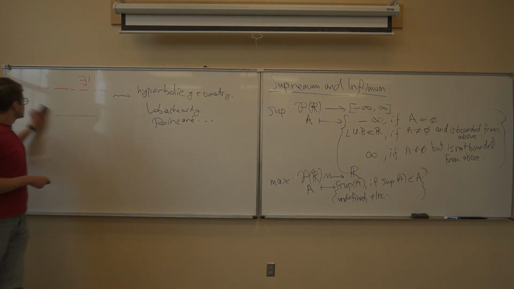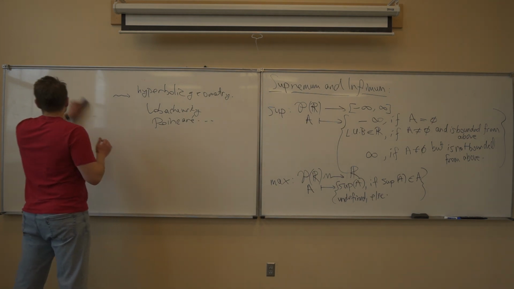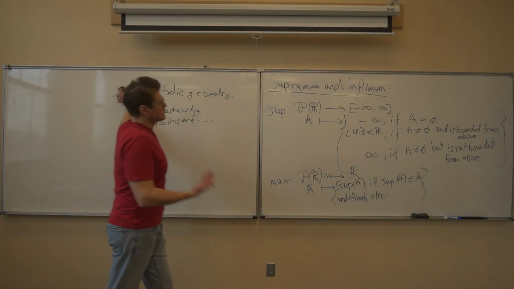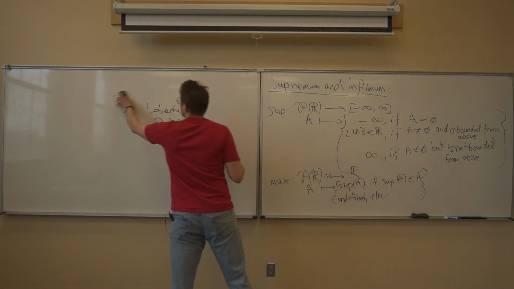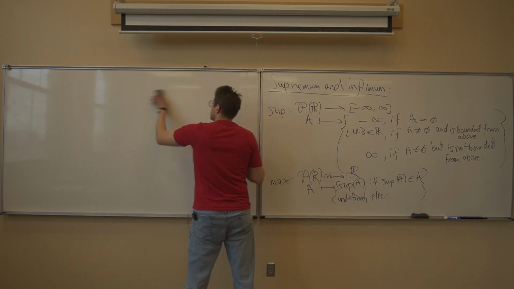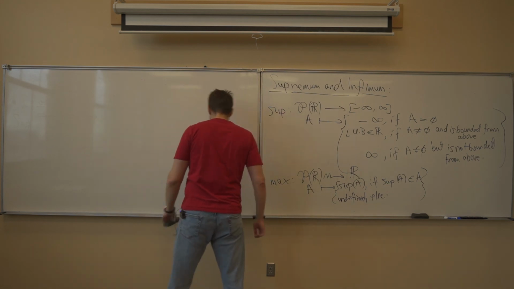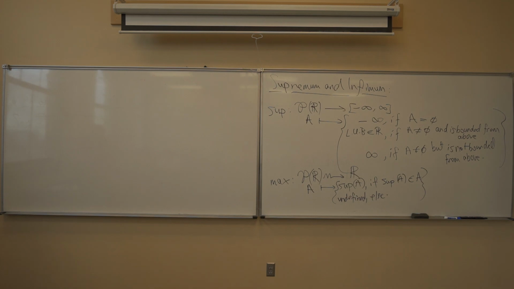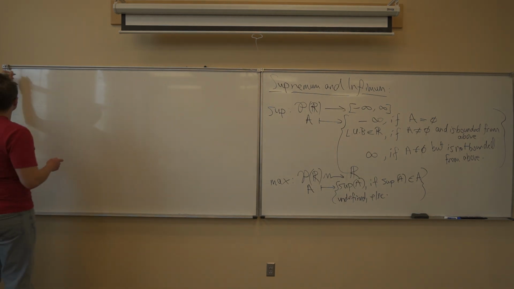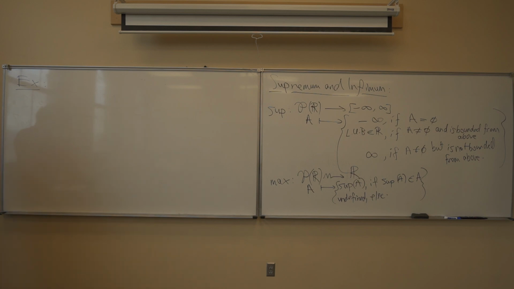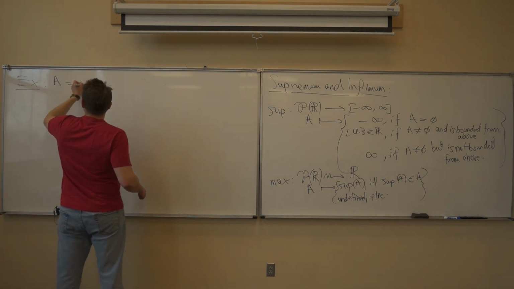Okay. So let's start simple. You always want to start simple. Again, I want to start with, let's say, the closed interval from 0 to 1. So A is this.